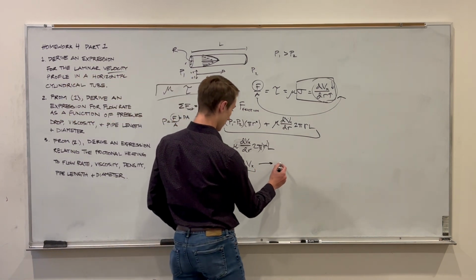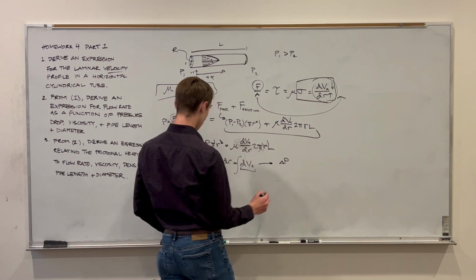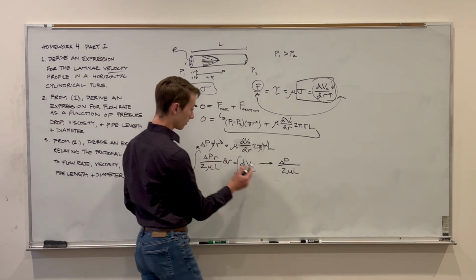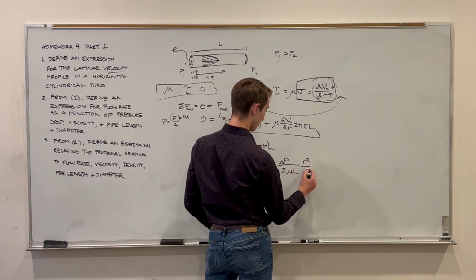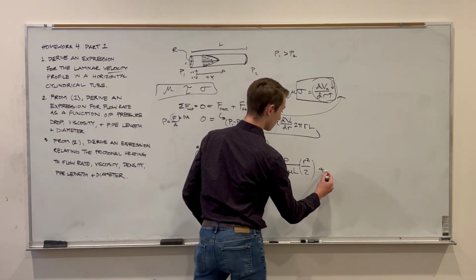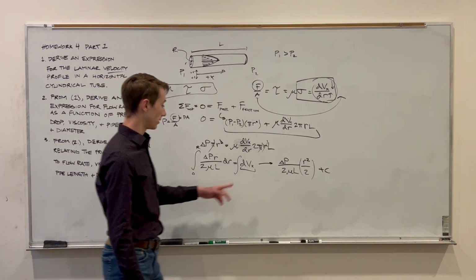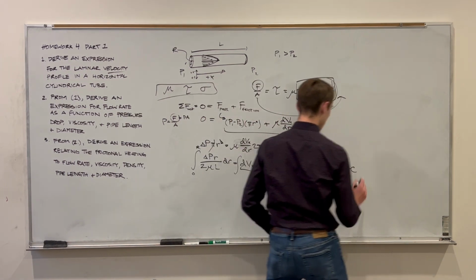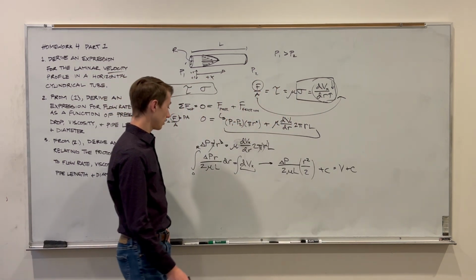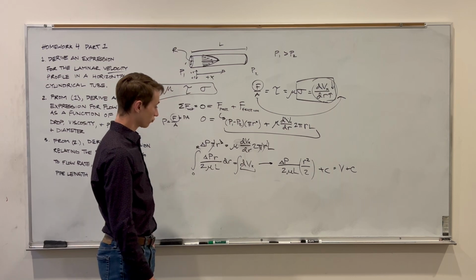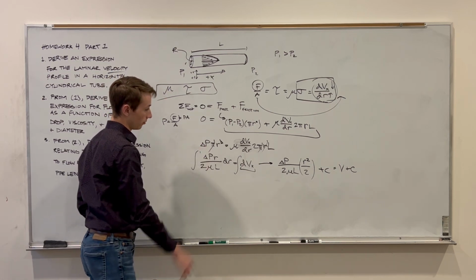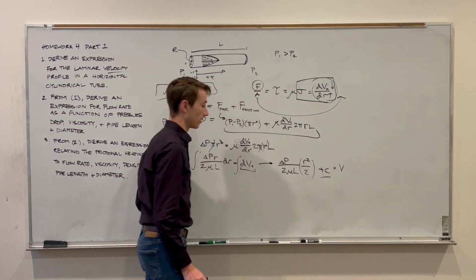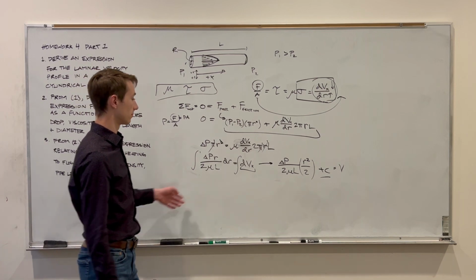Okay, so we get delta P over 2 mu L, and this r becomes r squared over 2 plus C. And then this side, we get V plus C. Okay, and so we just did this straight up with the plus C's. So we can combine our plus C's, call that one constant there. We have to solve for our plus C, since we didn't use any limits of integration there.